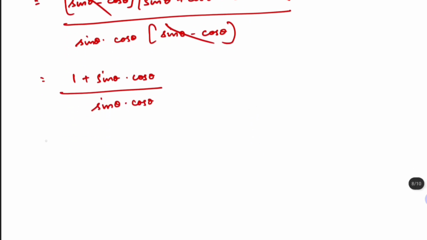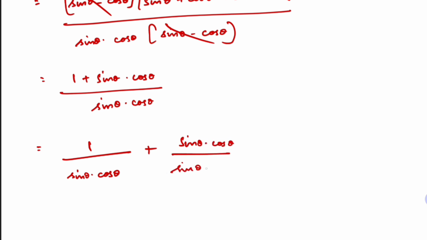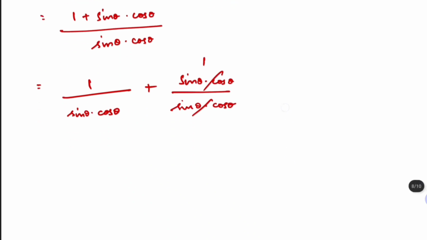This can also be written as 1 by sin theta cos theta plus sin theta cos theta divided by sin theta cos theta. This gets cancelled and we get 1. 1 by sin theta is cosecant theta. We know the formulas, right? 1 by sin theta is equal to cosecant theta and 1 by cos theta is secant theta.